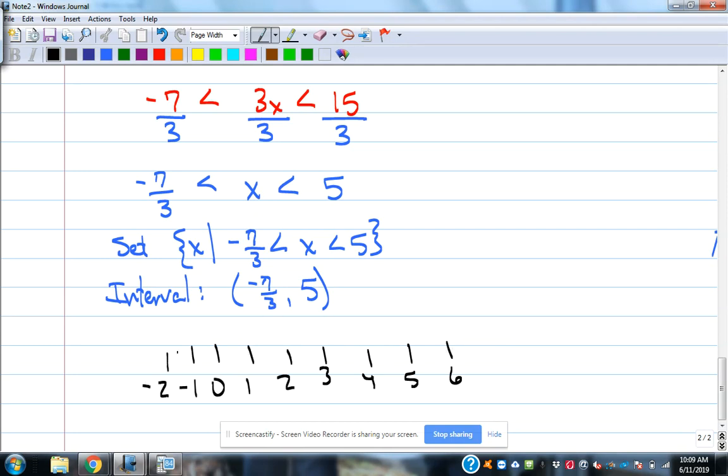I need my line to be just a shade longer. Get a -3 there. Doesn't have to be beautiful. Now, where is -7/3? I know where 5 is. I can put my parenthesis right there. -7/3.